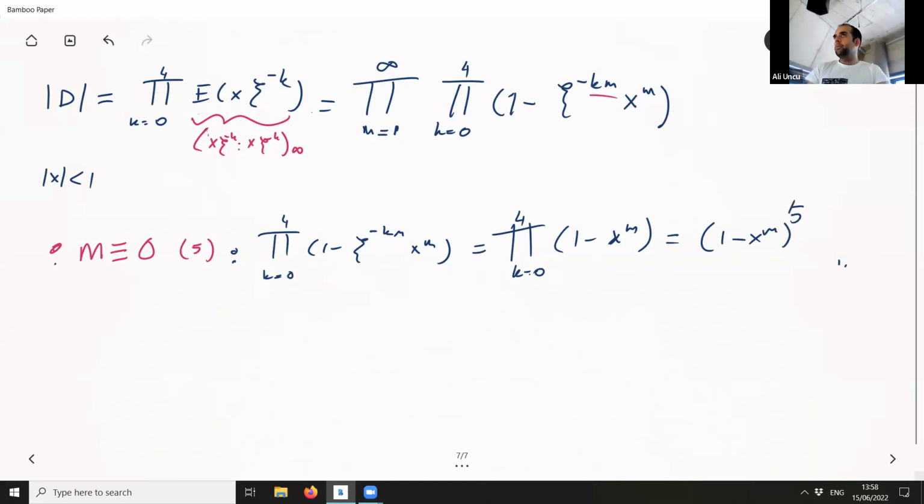Just trying to understand better, right? So if m is congruent to 0, I can replace that nested inner bit with this factor, (1 minus x^m) to the 5.